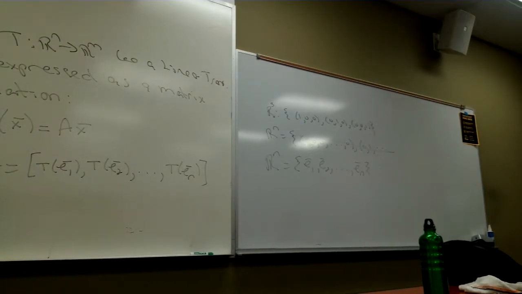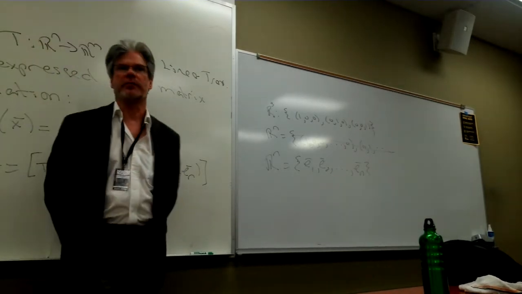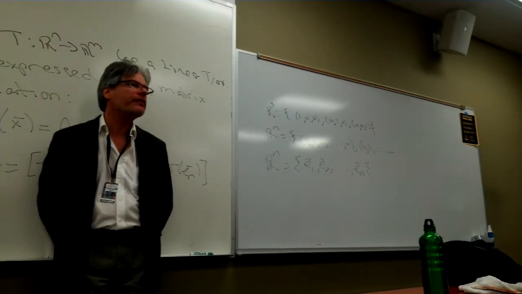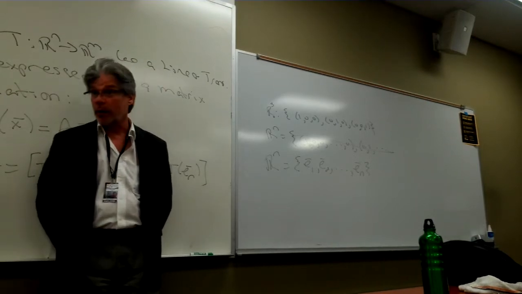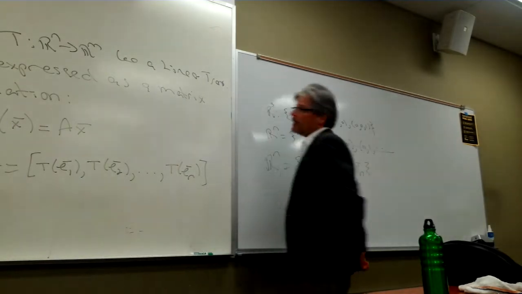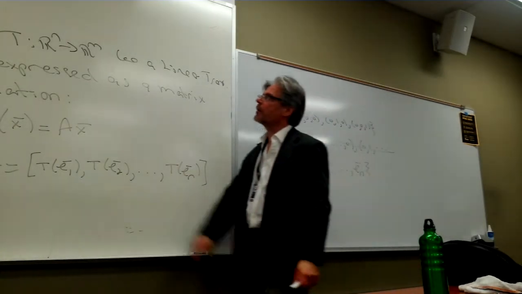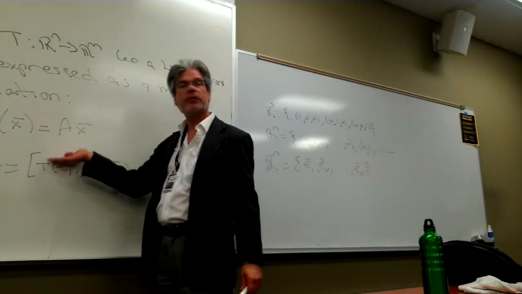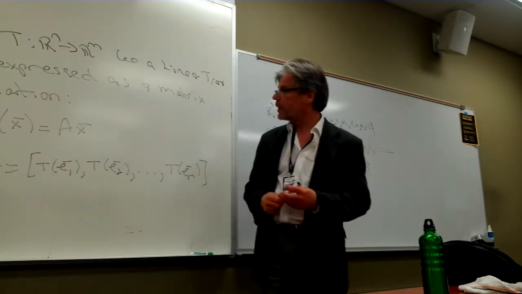E2 bar is an n-tuple with 0 in the first slot, 1 in the second slot, and 0s everywhere else, etc. That's why I have n of them. It's just because we're lazy. We don't want to write all the garbage out. So that's all the E sub i bars really represent: 1 in the i slot, 0s everywhere else. But I maintain when it comes to a transformation from Rn to Rm, I can always find a matrix transformation that corresponds to it.